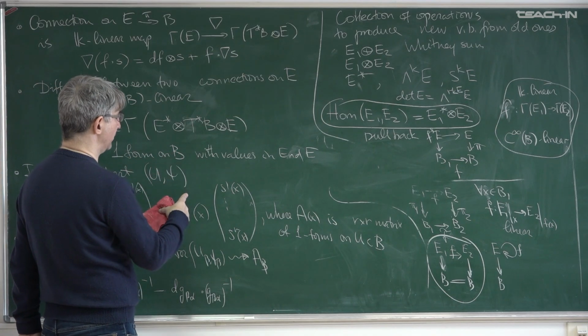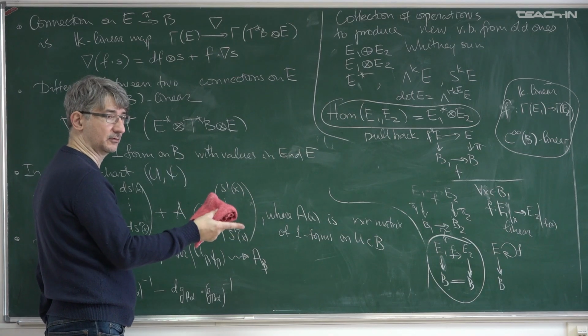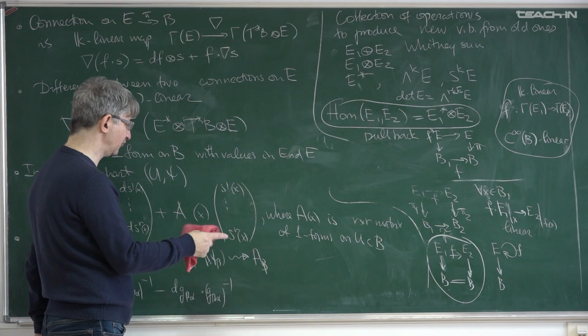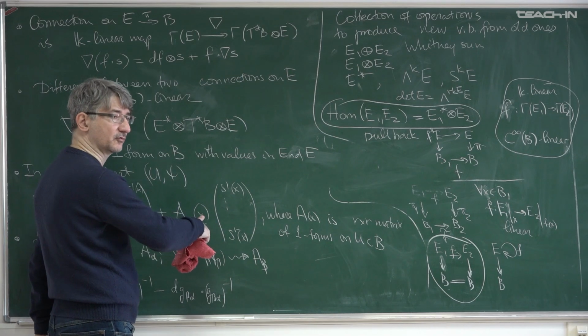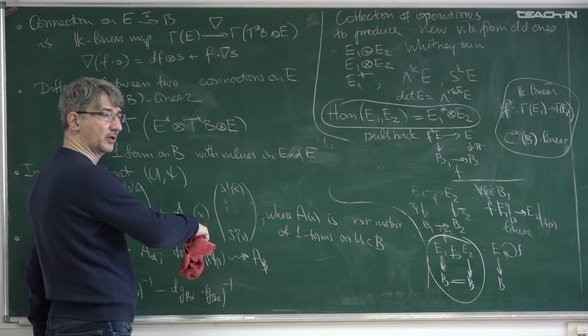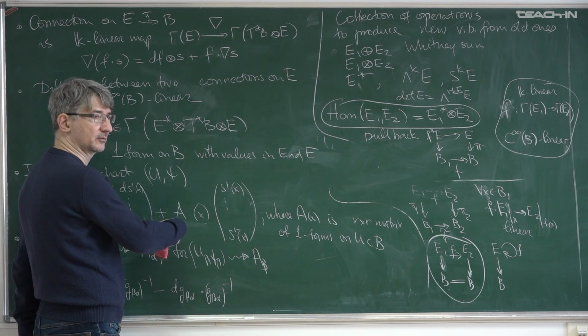But this linear operator should be able to take a vector as a source. So this thing is not just a matrix. It's a matrix which depends on dx1, dx2, and so on. So this is a matrix of one forms.